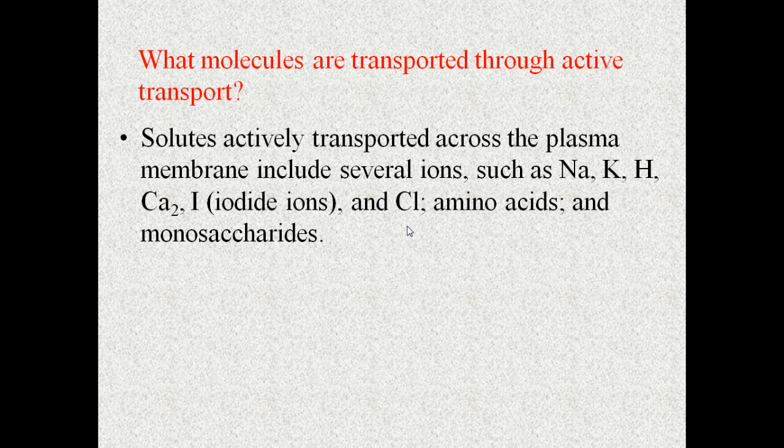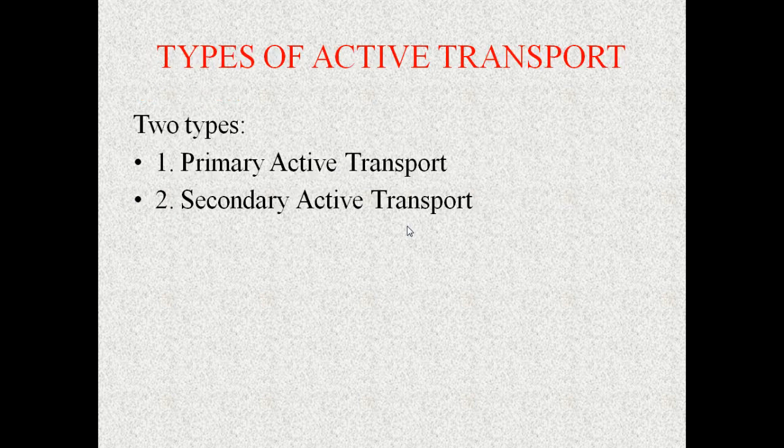Not only in digestion, that is absorption and distribution of these molecules to individual cells, but also in the kidney, active transport plays a very important role in the reabsorption of glucose and amino acids.